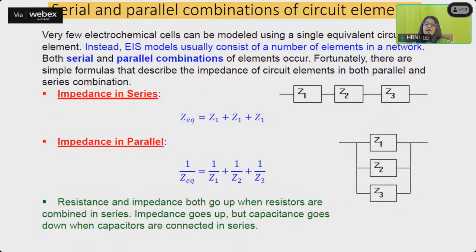Now very few electrochemical cells can be modeled using a single equivalent circuit. There will be a number of elements in the network, so both series and parallel combinations of these elements will occur. If you have impedances in series, then Z equivalent is a summation of all these impedances. When you have impedances in parallel, you know how to sum them up.